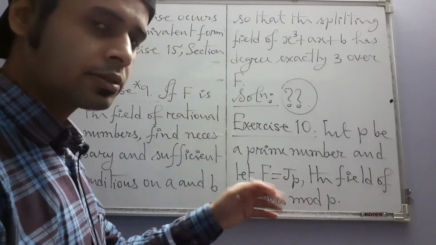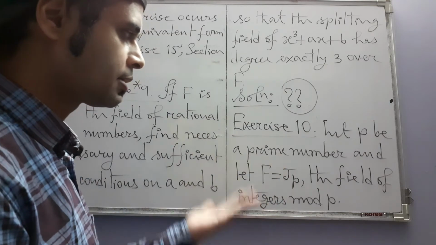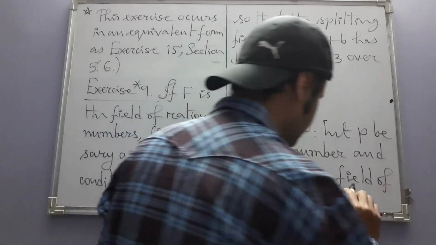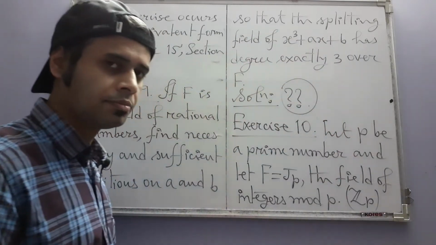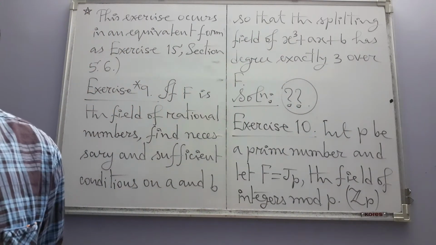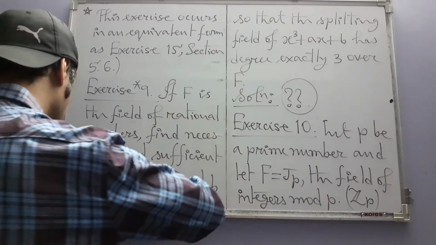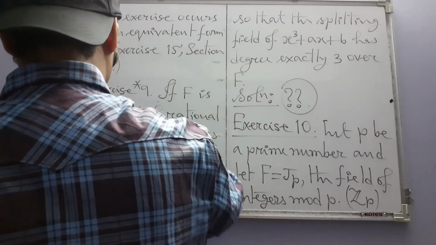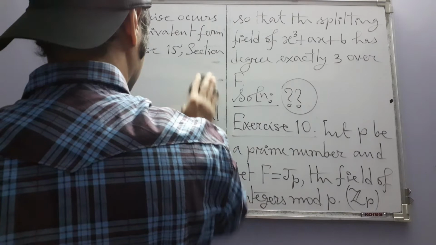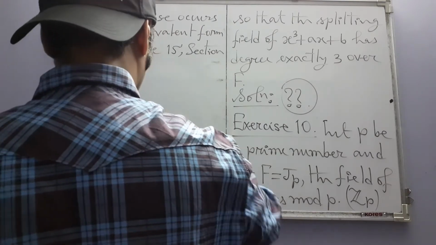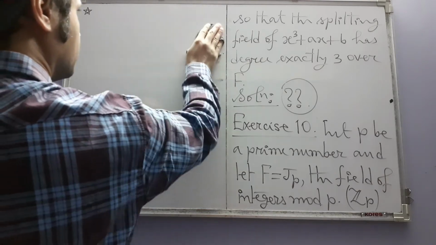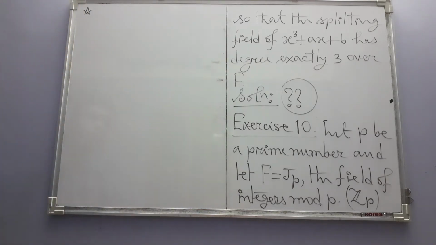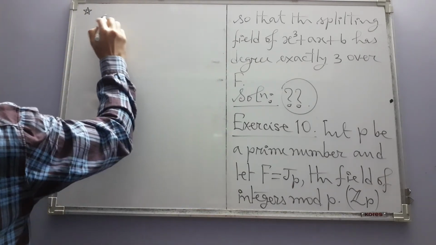Recall that in this text, J denotes the set of integers. So instead of writing Zp, the author is writing Jp, that's all. And now there are 3 parts, 3 subdivisions. Part A.